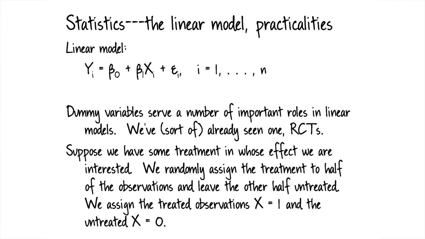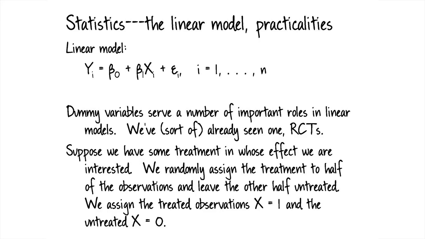Okay, so dummy variables serve a number of important roles in linear models, and we've actually seen one already: randomized controlled trials. When Esther was talking about having two groups, a treatment and a control group, we could have done the whole analysis in the linear regression framework, assigning a 0 to one of the groups and a 1 to the other group.